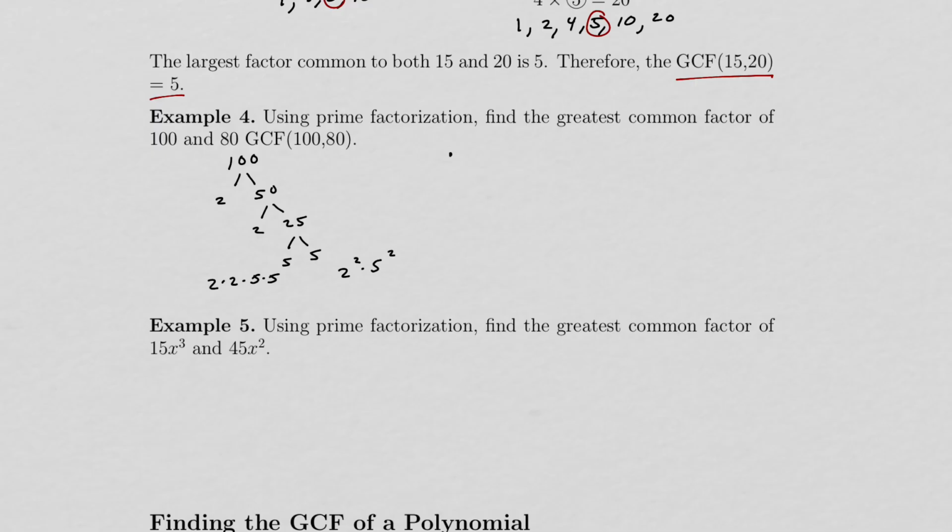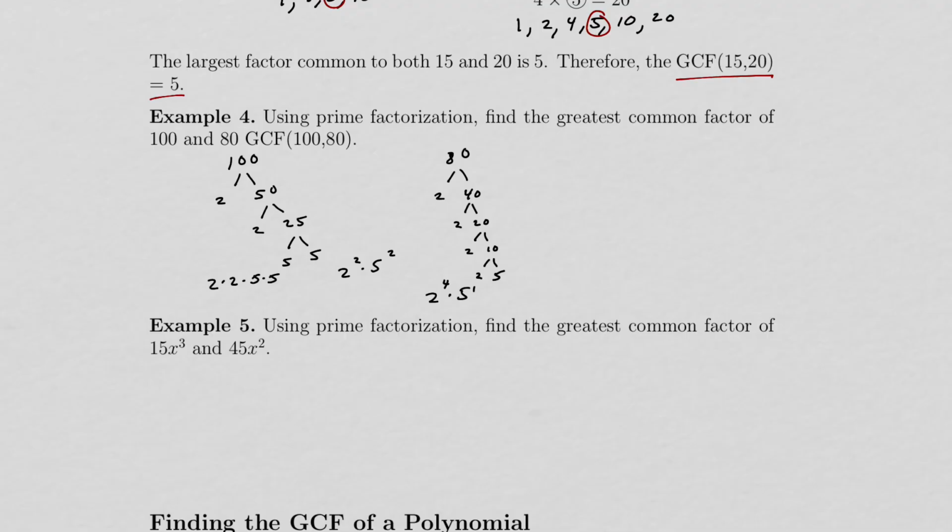And then 80 is going to factor into 2 times 40, 2 times 20, 2 times 10, and then 2 times 5. So I can write this as 2 to the 4th times 5 to the 1.